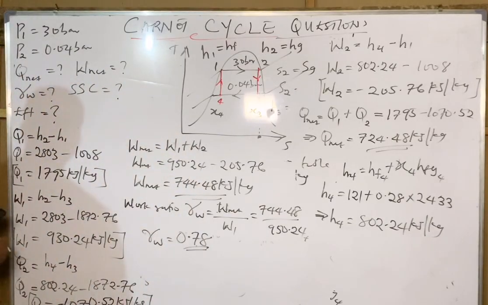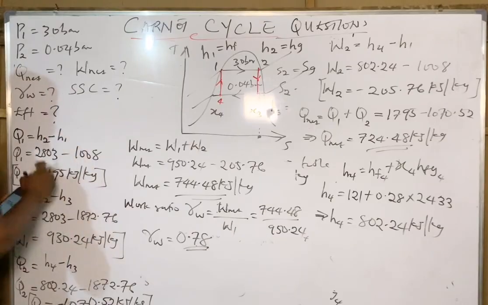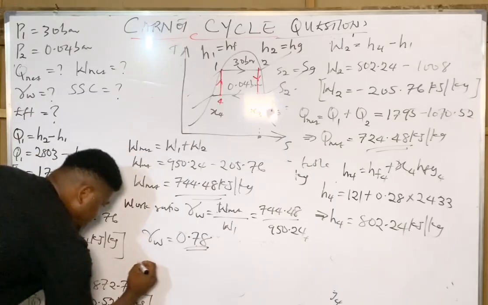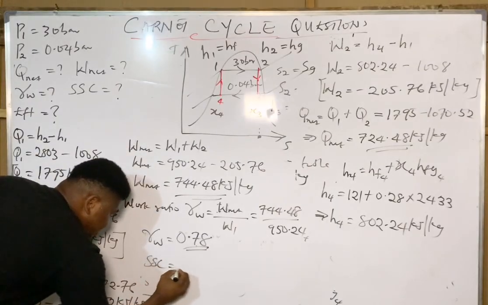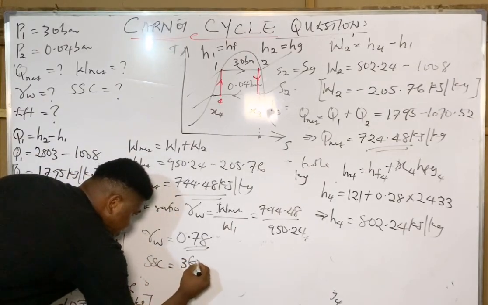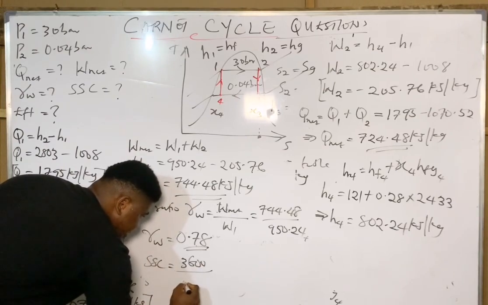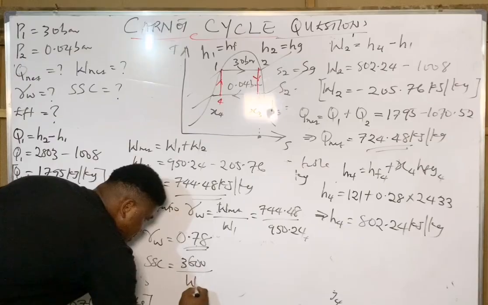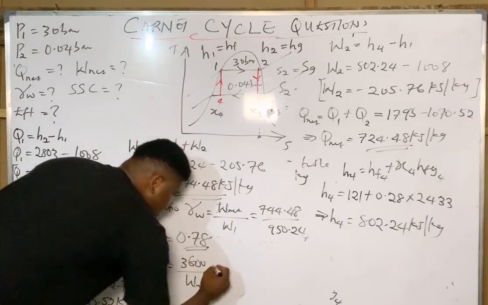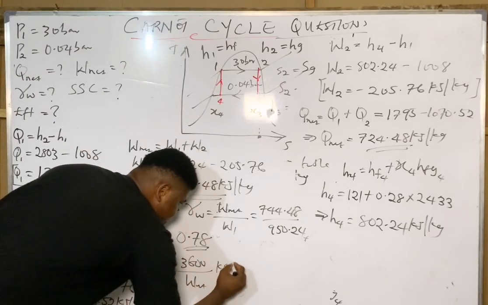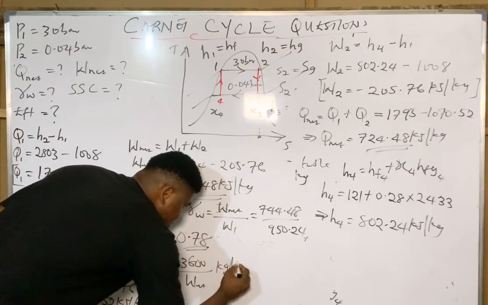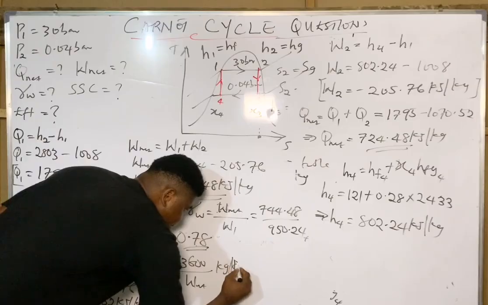What else? We are asked to find the specific steam consumption. Specific steam consumption, SSC, is equal to 3,600 divided by the net work, in kilograms per kilowatt hour.